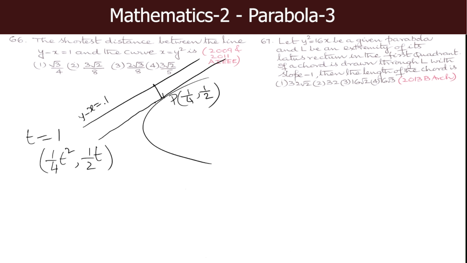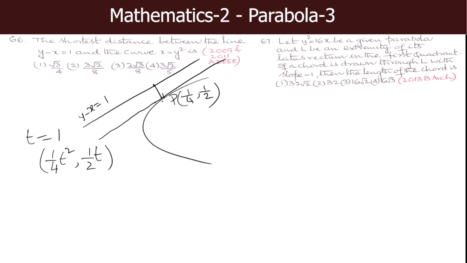Because the slope of the straight line y minus x equal to 1 is 1, the slope of this tangent is also 1. The tangent drawn to the parabola at the point t, x minus ty plus at square equal to 0, has the slope 1 by t. When t is 1, 1 by t is also 1. And therefore, the point on the parabola which is closest to the given straight line is (1/4 t square, half t), where t equal to 1, which is (1/4, 1/2).